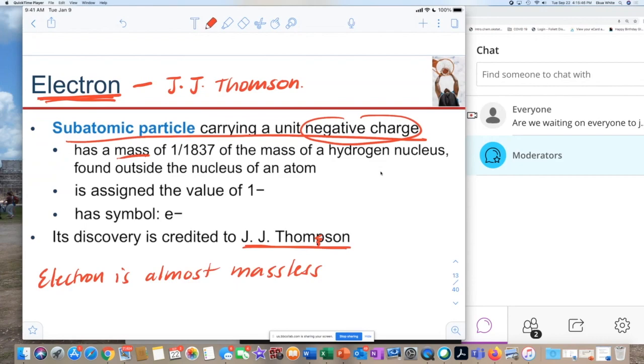It's almost like it's not even there, but we know it's there. Okay, and then he gave the symbol of the electron, e minus. So make sure you know this. The person who gets credit for the electron is J.J. Thomson. Okay, I like to call him J.J.